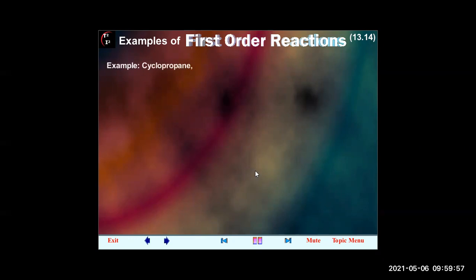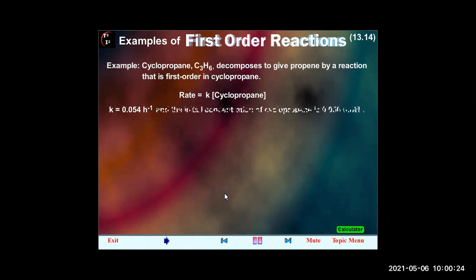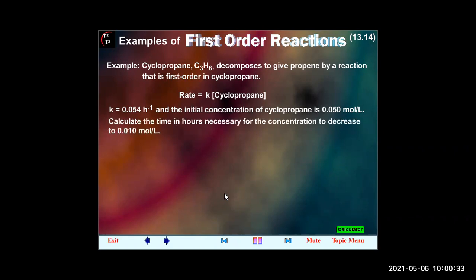Example: cyclopropane, C3H6, decomposes to give propene by a reaction that is first order in cyclopropane. Rate is equal to K times the concentration of cyclopropane. K is equal to 0.054 per hour, and the initial concentration of cyclopropane is 0.050 moles per liter. Calculate the time in hours necessary for the concentration to decrease to 0.010 moles per liter.